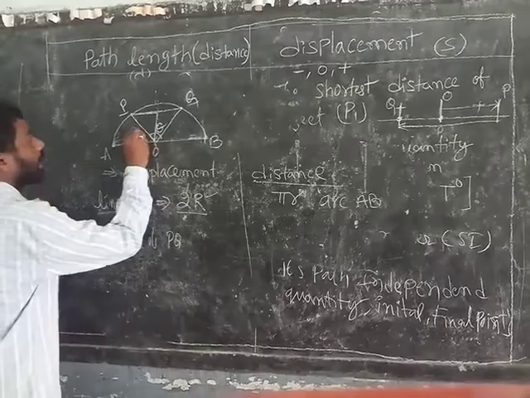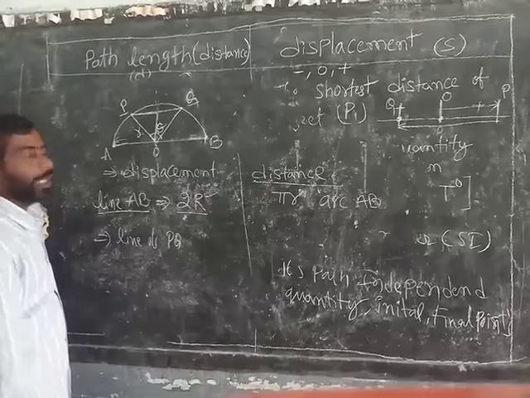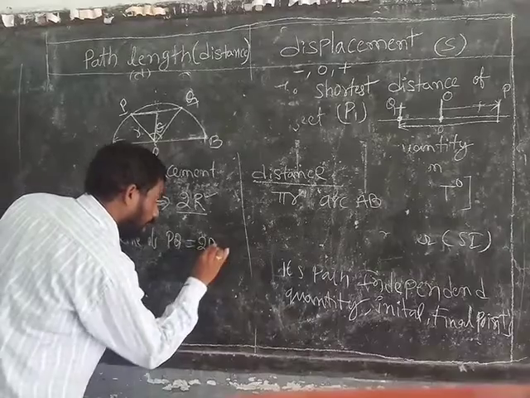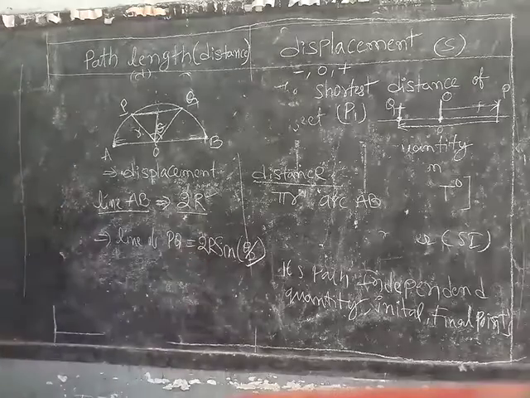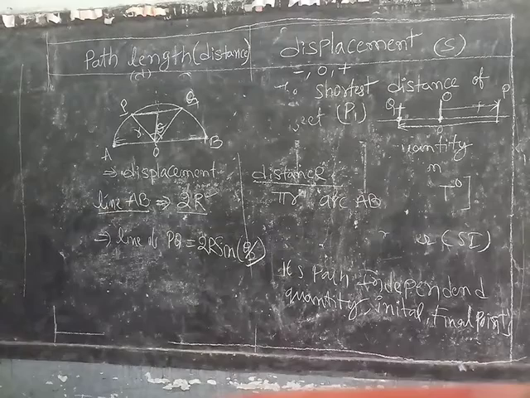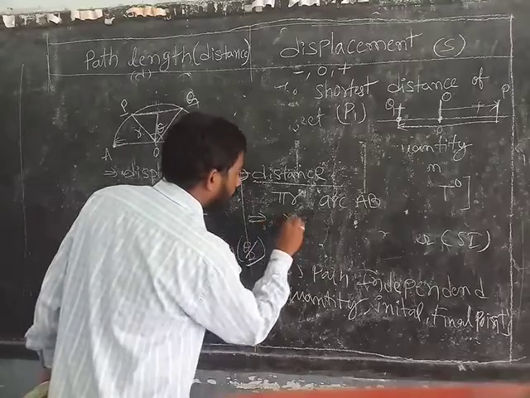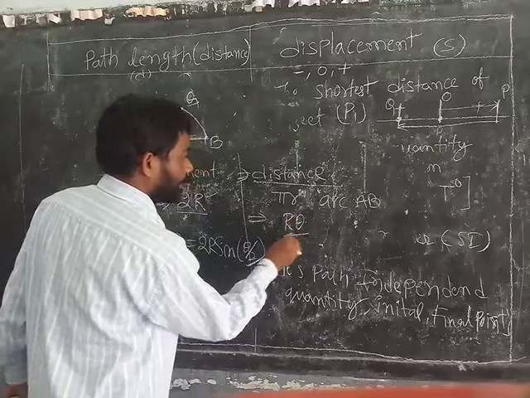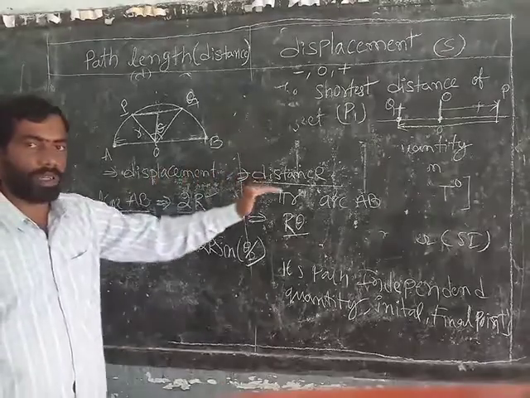Suppose this is R. Then use the trigonometric functions. Then we get the value 2R sin(theta/2). Okay, that's the displacement. And the distance is R theta, capital R. This is the difference between distance and displacement.